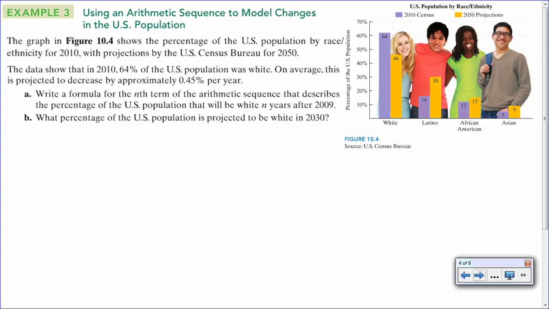On average, this is projected to decrease by approximately 0.45% per year. Write a formula for the nth term of the arithmetic sequence that describes the percentage of the U.S. population that will be white in n years after 2009. What percentage of the U.S. population is projected to be white in 2030? Okay.